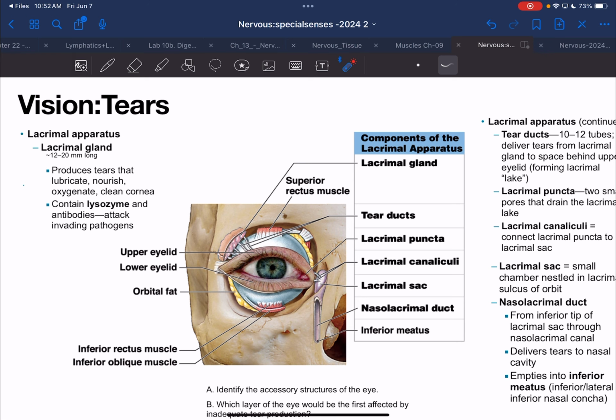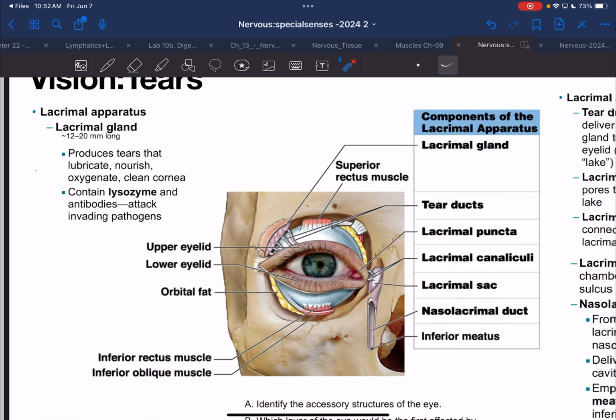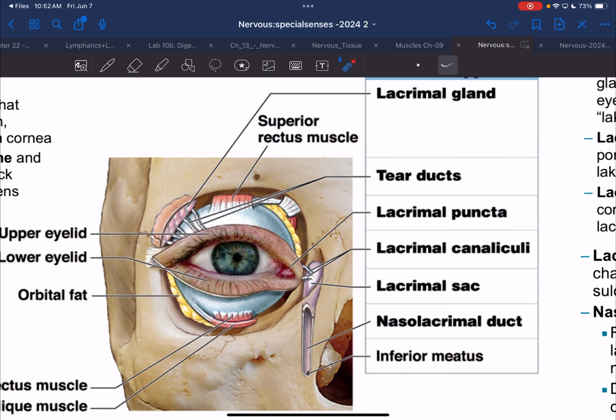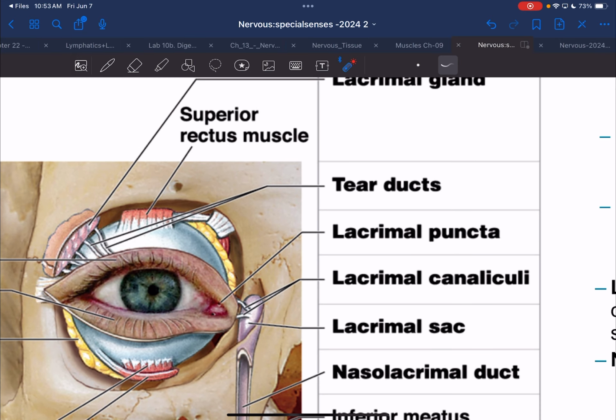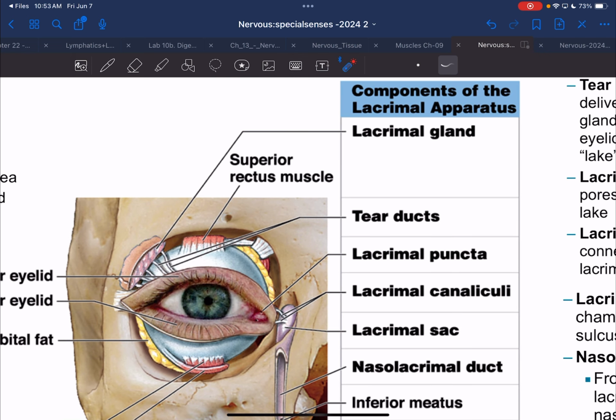Now, vision, tears. Think of this part as a duct system where tears are generated. Tears are generated in the lacrimal gland, which is always found lateral, on the side toward your ear.